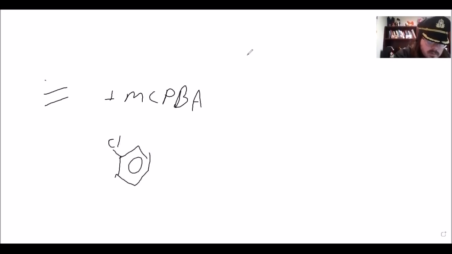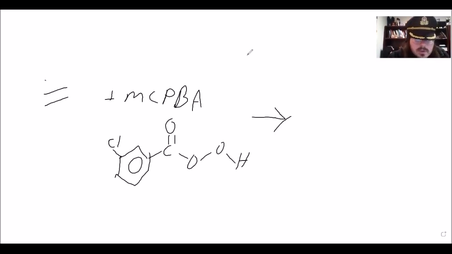Meta is the 1,3 position. Peroxybenzoic acid. And what's that going to do? It consumes the oxidizing portion and forms our epoxide, and it just becomes metachlorobenzoic acid.